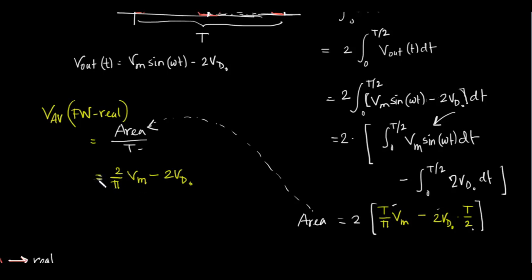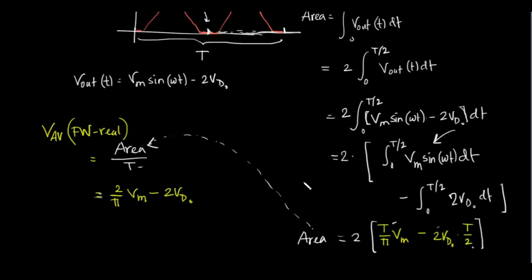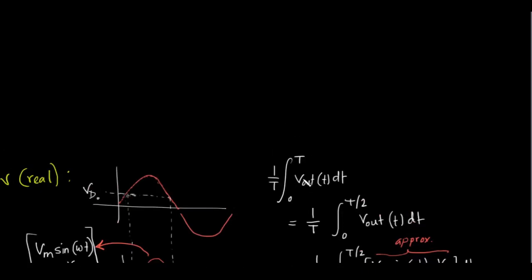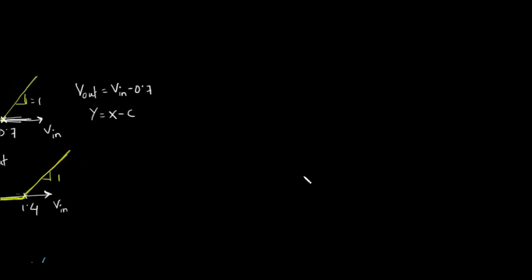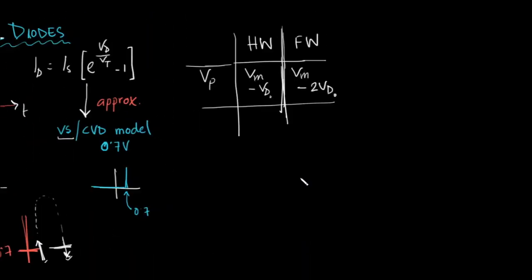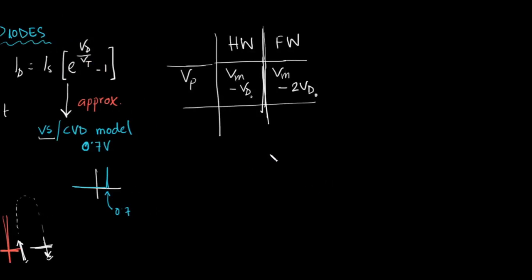So what are the values that we have found until now? Let me fill up the table that we have been maintaining in the previous lecture. If we use ideal diodes, then what is V average?